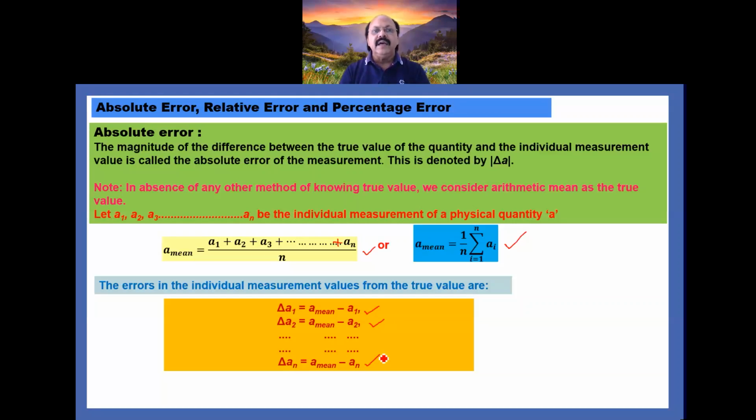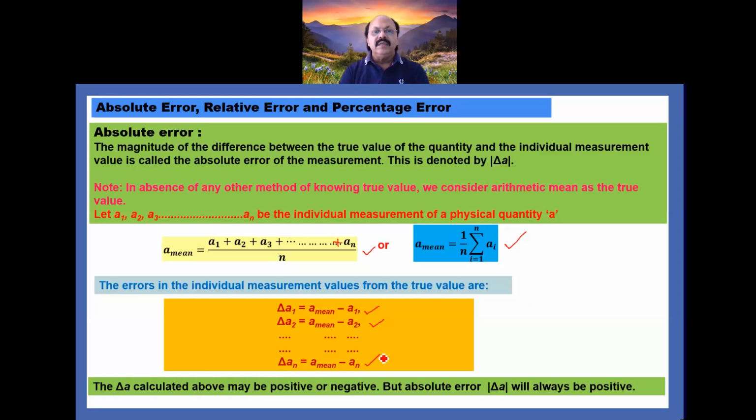This is the error we are finding here, the difference between the true value and the individual measurement value. The delta A that we calculate may have a positive or a negative value, but the absolute error, that is mod delta A, will always be positive. So you remember this thing.